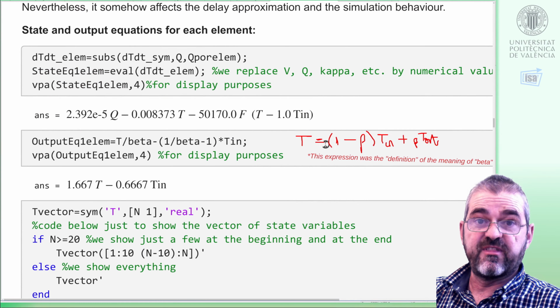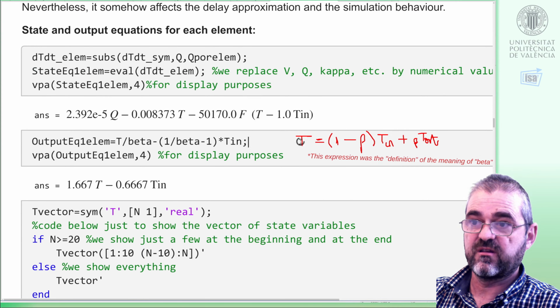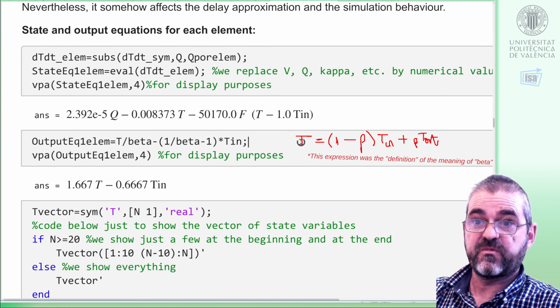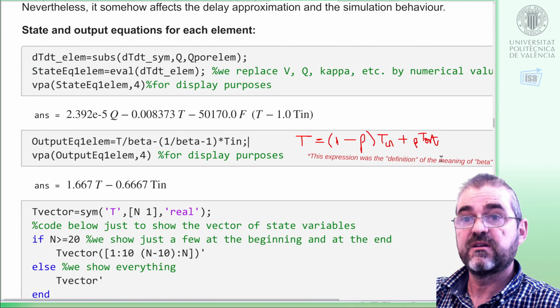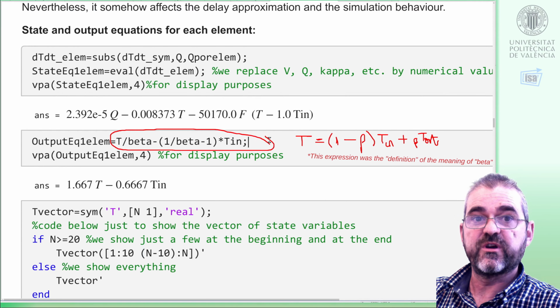Also, from the equation that defines the average temperature, as the state equation will provide us with the average temperature, the output equation needs to be solved now here. So solving for T out, we will get this output equation for each of the elements.